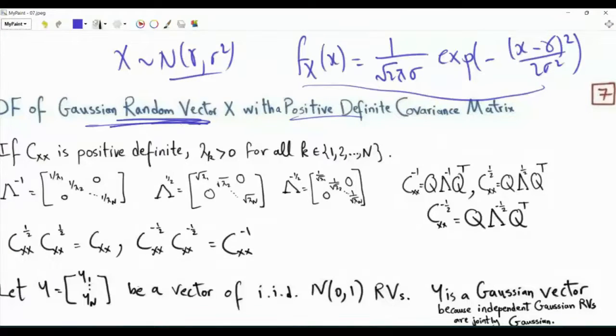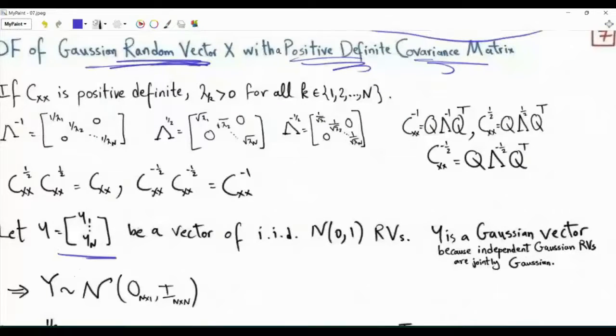But the question now is, what is the multivariate Gaussian distribution in the general case, where we have a general covariance matrix with only the requirement that the matrix is invertible, non-singular?